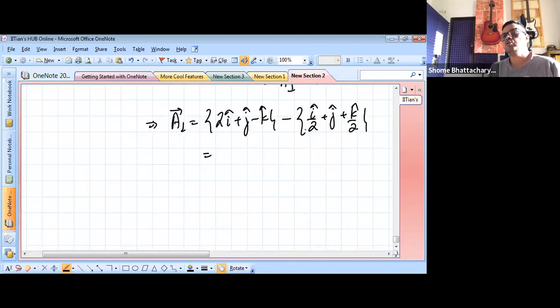So this will become 2 minus half, so that is 3 by 2 i cap, plus 1 minus 1, so that is 0. Okay, and minus k by 2, so minus 3 by 2 k cap. This should become the perpendicular component of the vector.